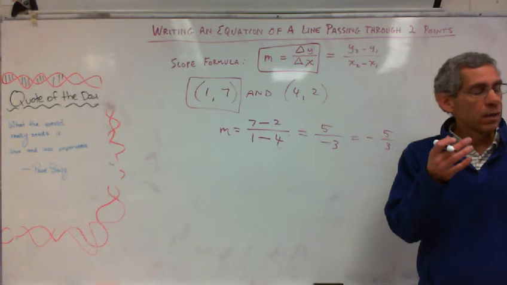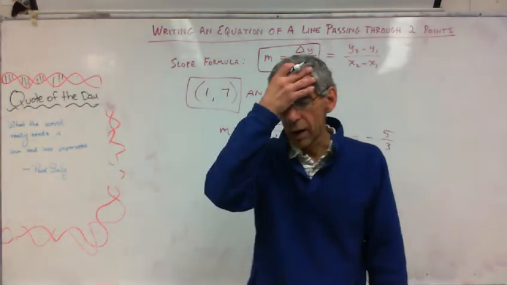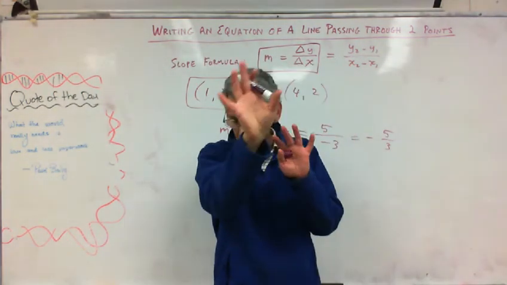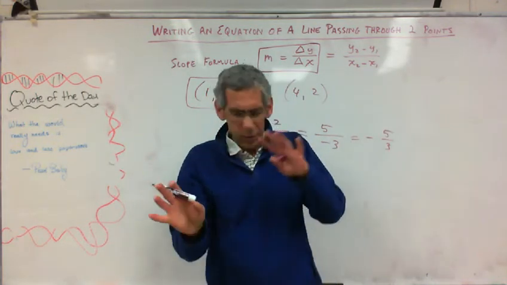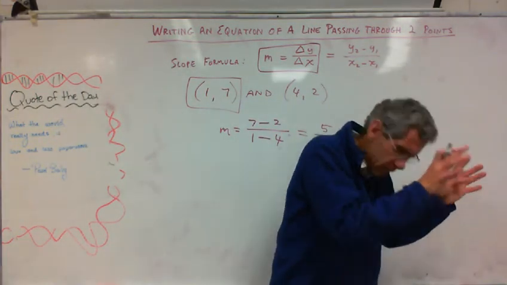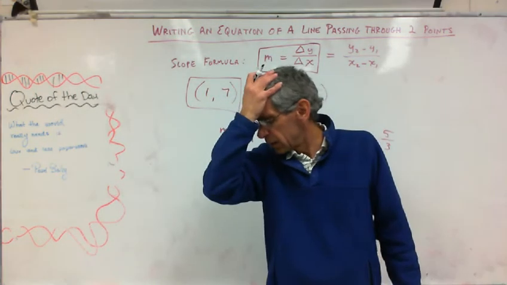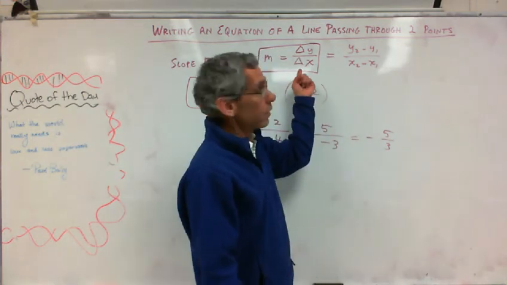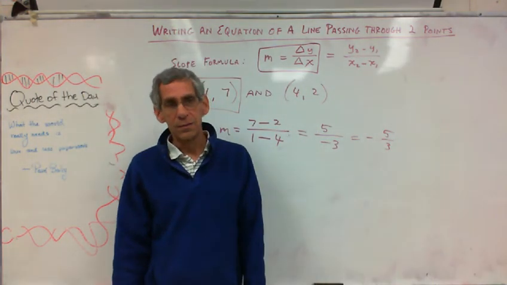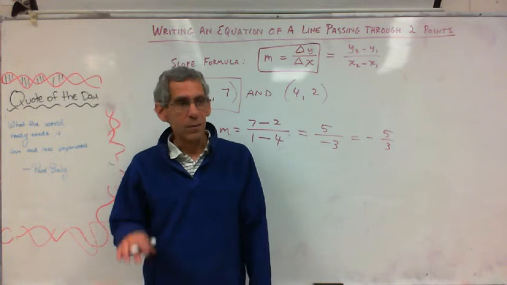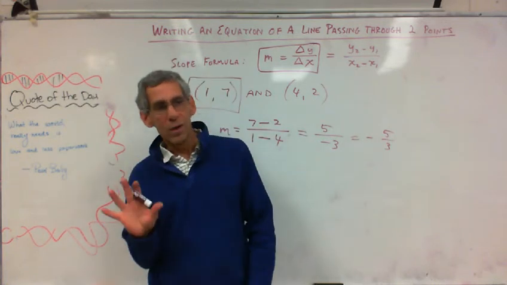You're going to think, oh my God, m is equal to, I remember there was a 2 in there, and a y, an x and a 1, I think, and then an x2. What is it? But almost everybody remembers this: the change in y over the change in x. Change means subtract. One y minus the other y, one x minus the other x.